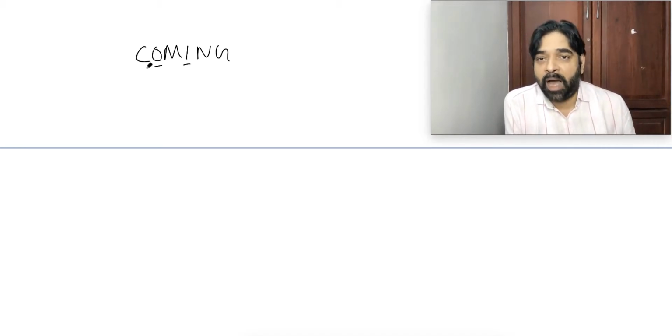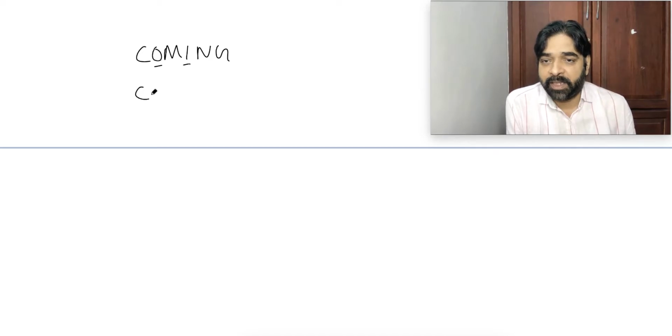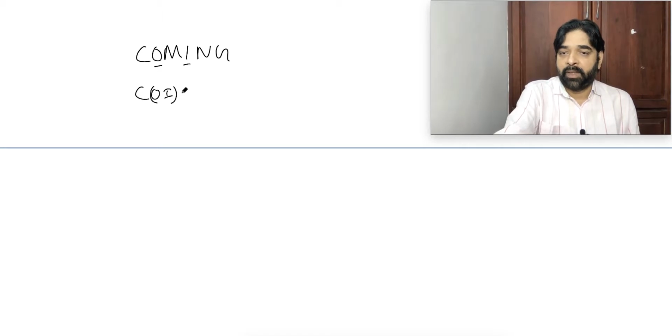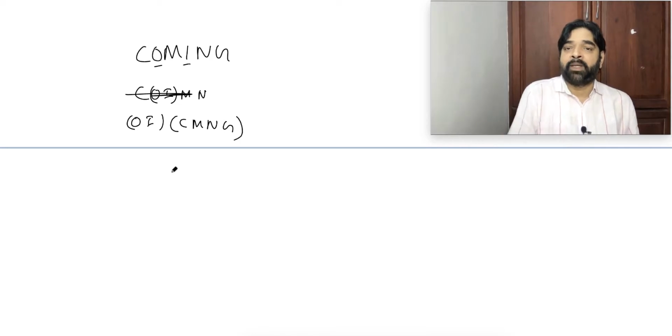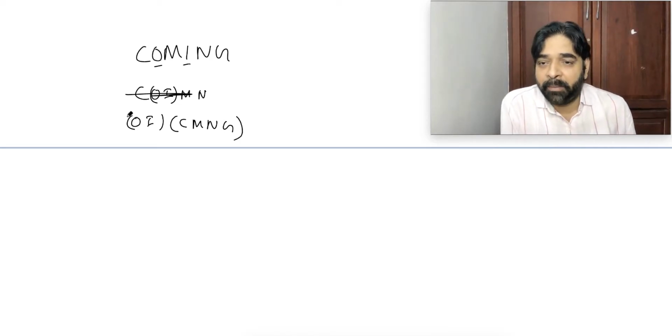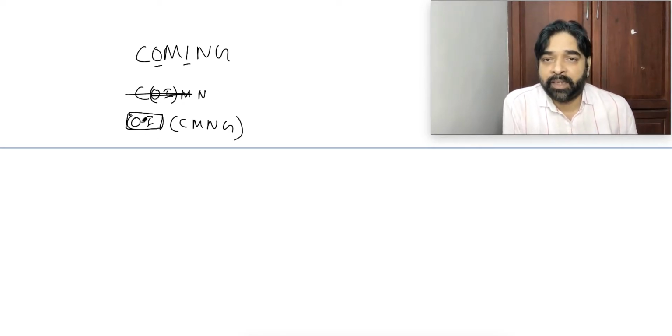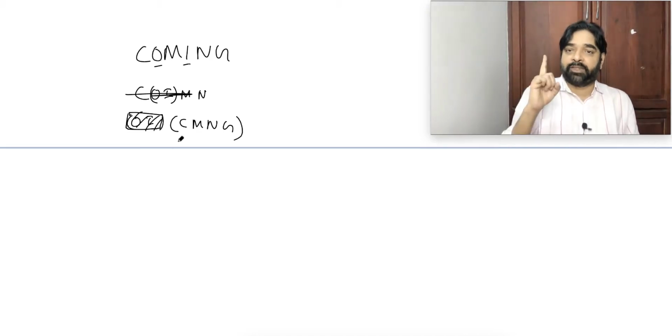I will write the letters properly: C, O, I, M, N, G. Vowels separate: O, I; balance C, M, N, G. This O, I I will keep inside a box, together. Now I have a total of 5 objects: 1, 2, 3, 4, and this box is a single object.